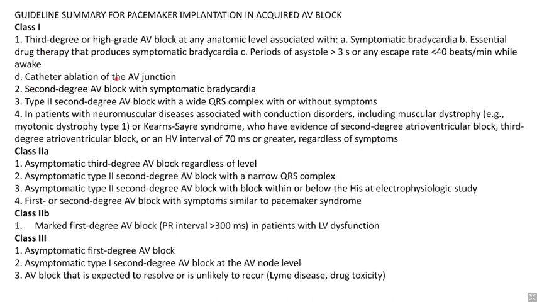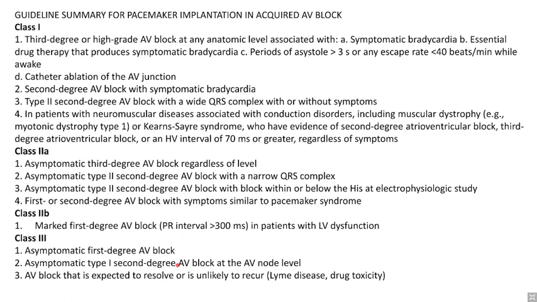Also catheter ablation of the AV junction. Second degree AV block with symptomatic bradycardia, type 2 second degree AV block with wide QRS complex, with or without symptoms. And if your patient has neuromuscular diseases associated with conduction disorders, for this patient we also recommend permanent pacing.